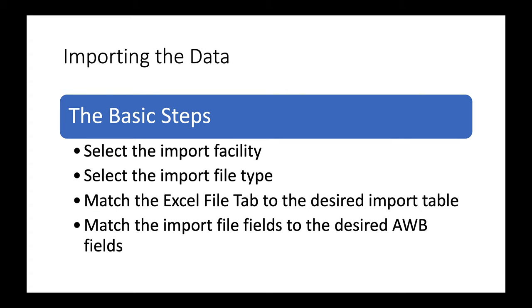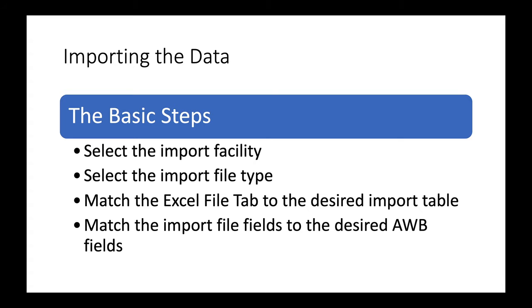Once we prepare the data, then we can import it into the software. Fairly straightforward function. We just take the import facility, pick the file type, match the file tabs up to the tables in Availability Workbench, and then match the import file fields to the desired Availability Workbench fields.